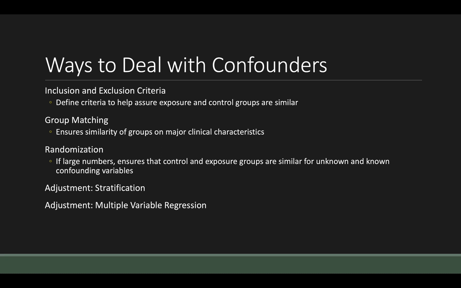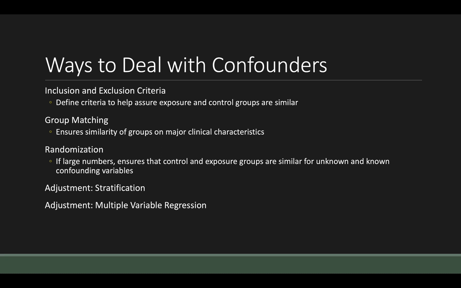There are a number of ways to deal with potential confounding variables. Some of them involve the ways that you design the study, and then some of them involve adjusting for them in your study. One way to design your study to exclude confounders would be to define your inclusion and exclusion criteria carefully to help assure that the exposure and control groups are very similar with regards to their baseline characteristics.